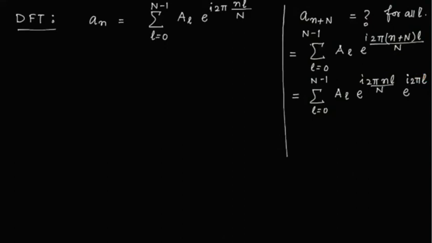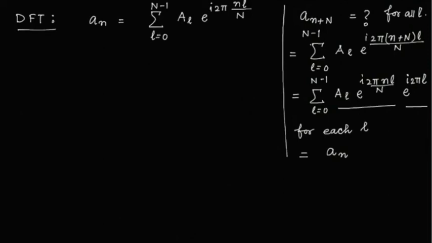So you realize that if I go to each l, then this thing is the value corresponding to that l, and then this is just a complete period, right? So l goes from 0, 1, 2, 3, etc. So I can write this as same as a_n, because e to the power i 2 pi l is same as e to the power i 2 pi into 0, because l is an integer.